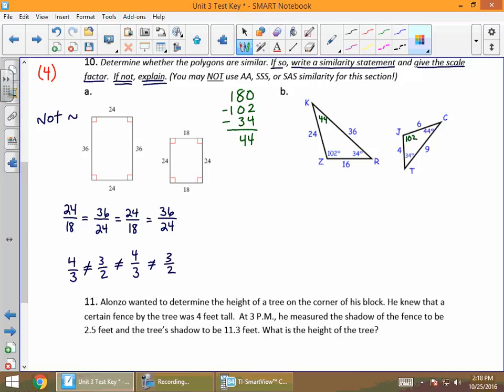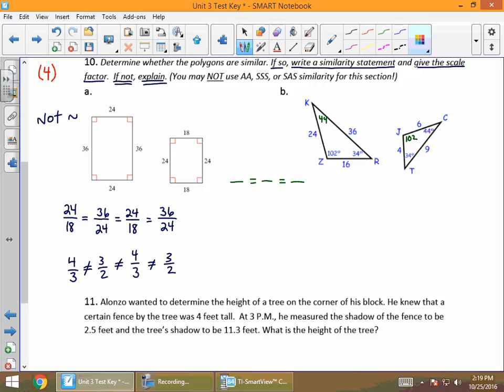Now, it tells me I'm not allowed to use the angle shortcut here. So what I need to do is show that all the angles are congruent, which I just did, and then I have to show that all the sides are proportional. So let's try to do that. Let's go with the proportion, 3 sides.